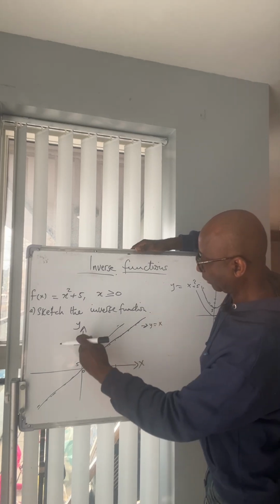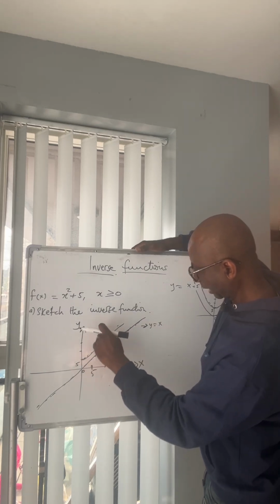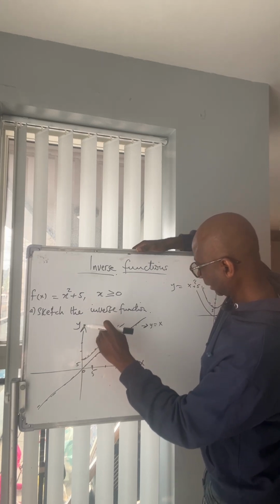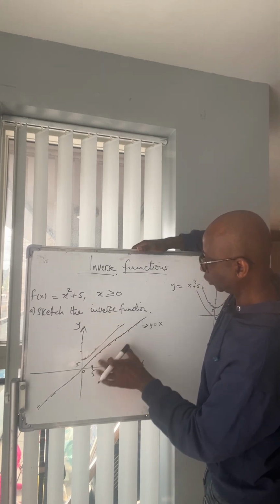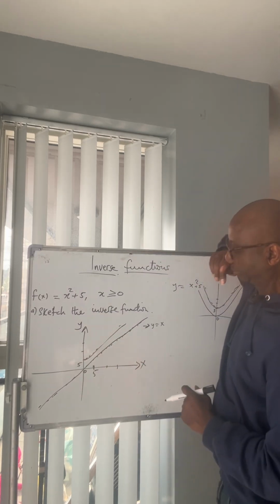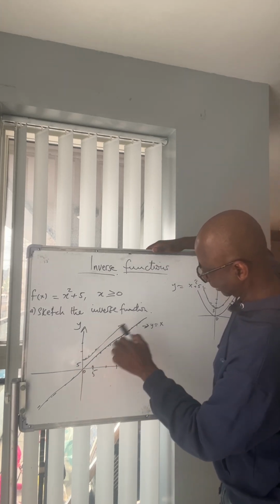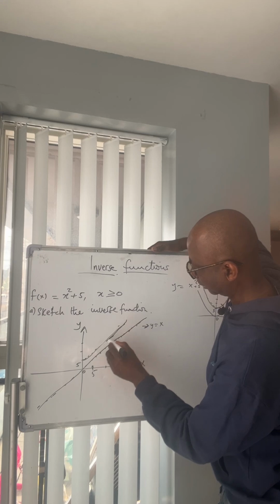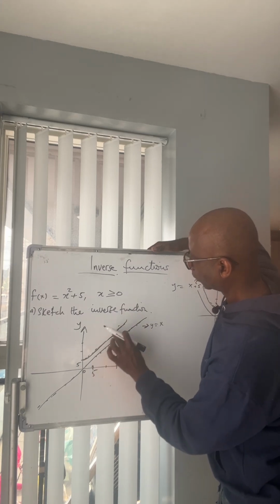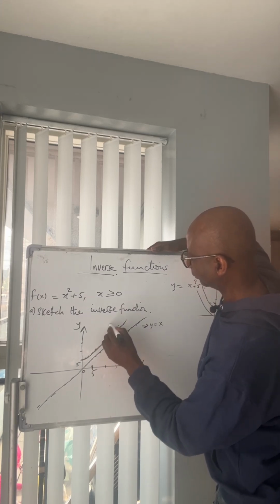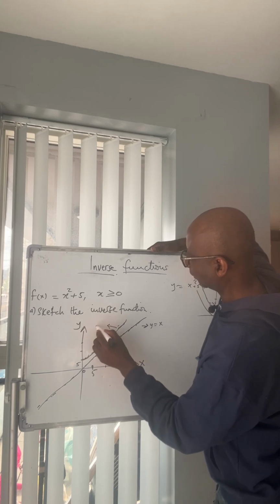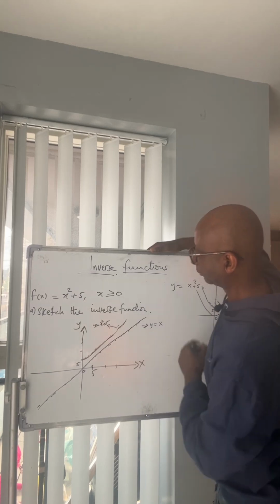So whatever you have on this side of the line is a reflection of what you're going to have on this side of the line. So now, if you want to reflect this graph, this is our graph, y equals x squared plus 5.